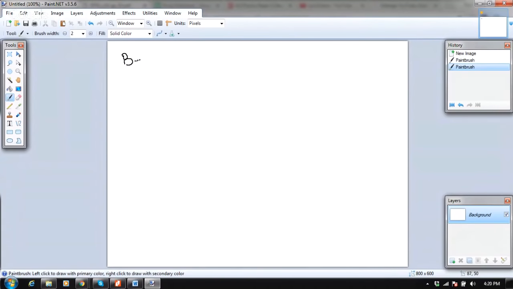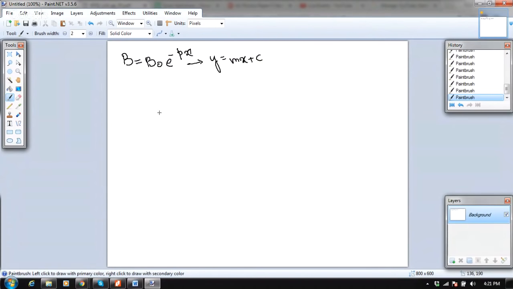B is equal to B naught e power minus P, and then there is X. So the equation should take the form of y is equal to mx plus c, because the power is involved, inevitably it will get the shape of y is equal to mx plus c. So let's solve this equation. Let's convert it to that form.